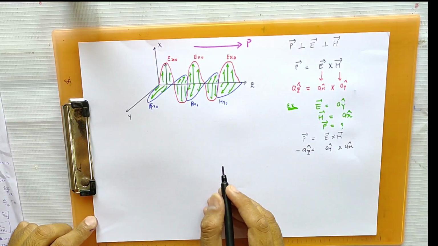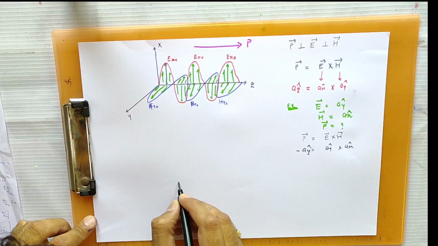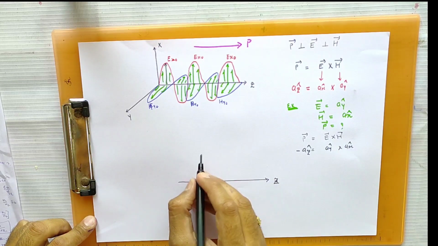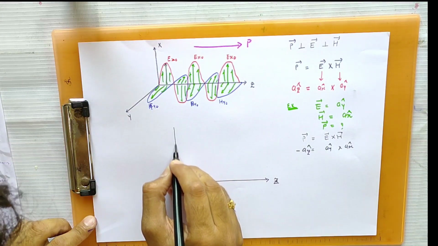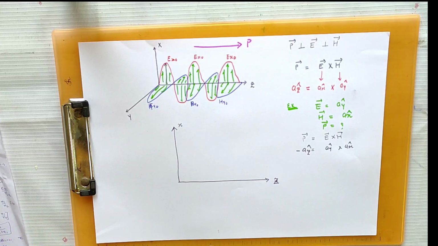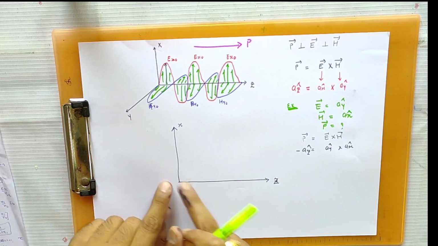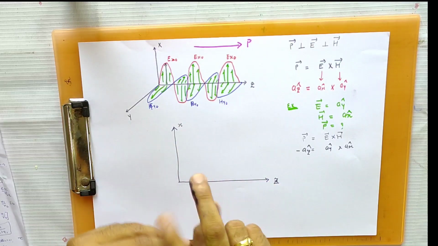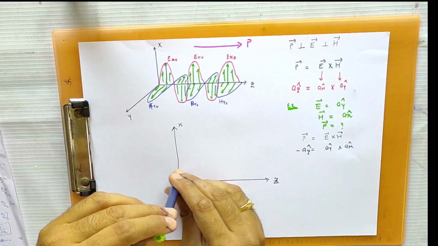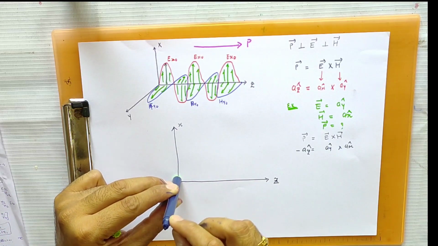So now see here, I have to draw the Z axis, here is the X axis, and now the main thing: where is the Y axis? This span indicates my Y axis.